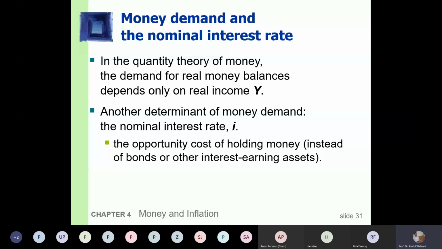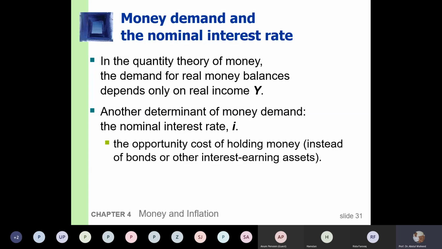If you are holding cash, you are not getting interest, and this is the cost of holding money. If the nominal interest rate is 10% and you are holding, suppose, 1 lakh rupees, the cost of holding 1 lakh rupees for 1 year is 10,000 rupees, which is foregone.